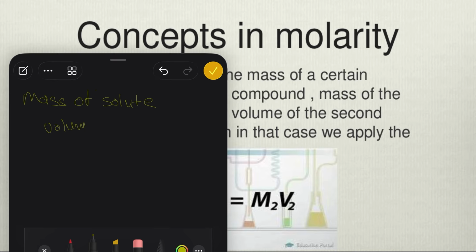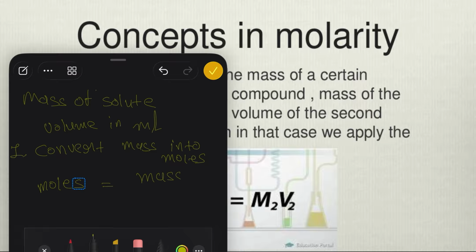Step number 1, you can follow: convert mass into moles. This is the first step. What is the formula? Moles is equal to mass divided by molar mass.